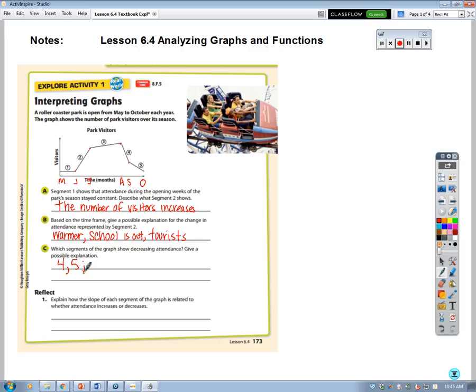Possible reasons are probably a lot of the opposite reasons as when it was increasing. So cooler temps, right? That's going to affect a roller coaster park. Tourist season ends. School's back in session.